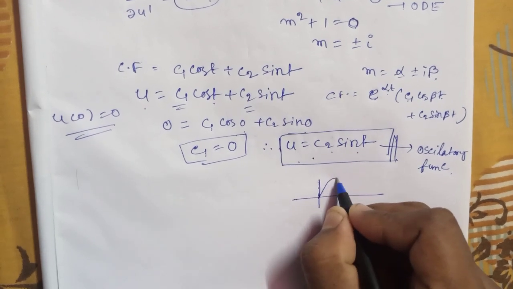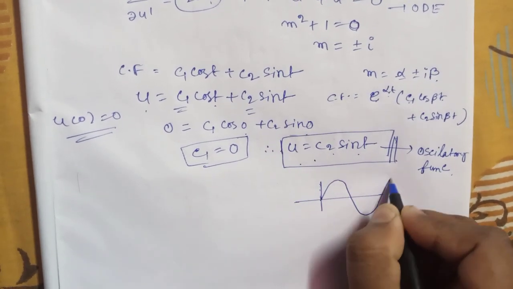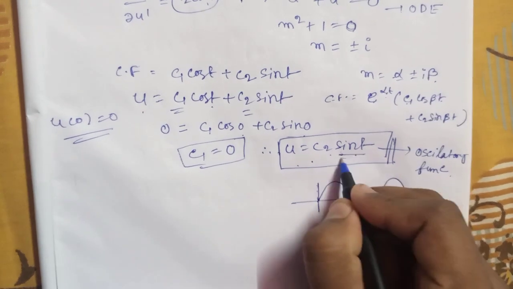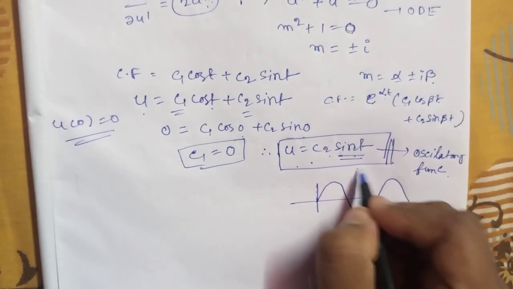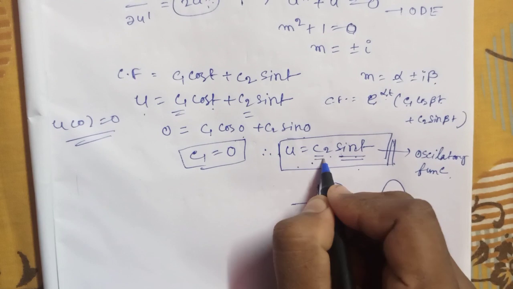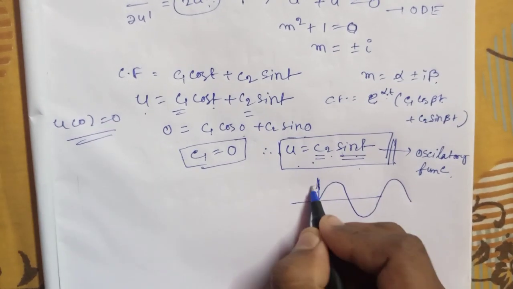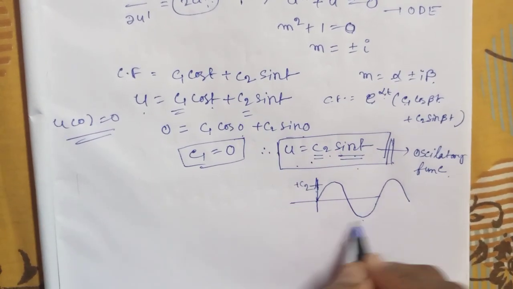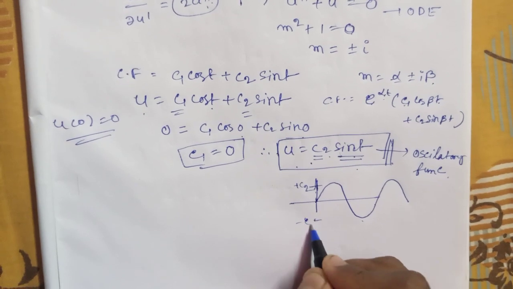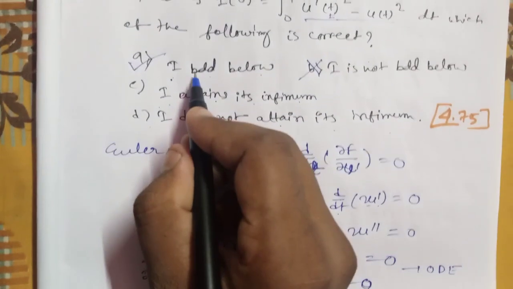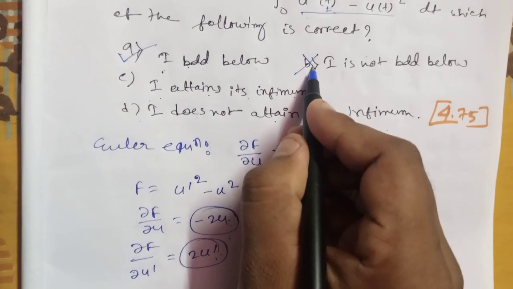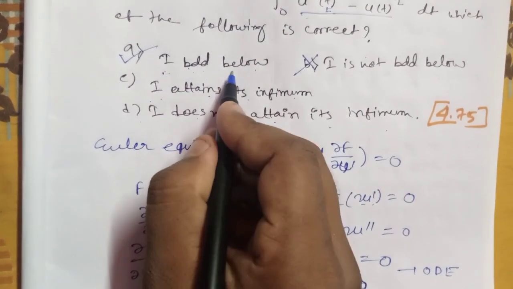And it is bounded by plus C2 to minus C2, because sine is bounded by plus 1 to minus 1, and if we multiply this by C2, the upper bound will be plus C2 and the lower bound will be minus C2. So option A is right and option B is wrong, because I is bounded below.